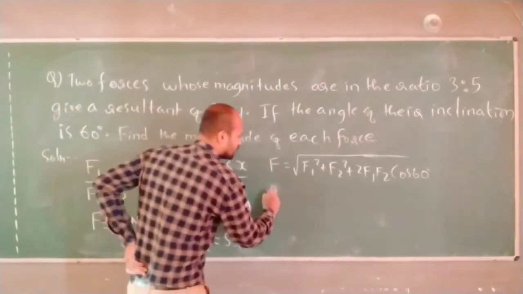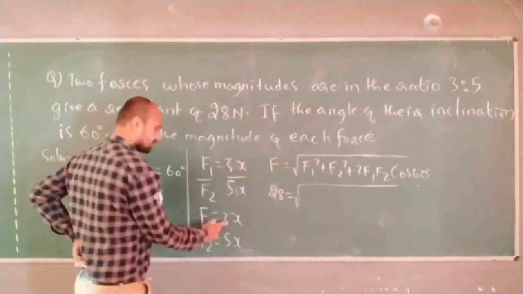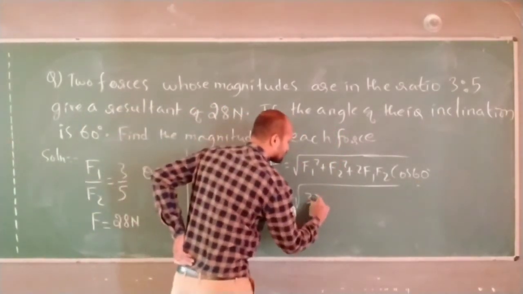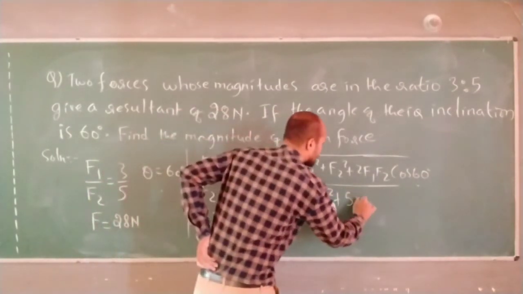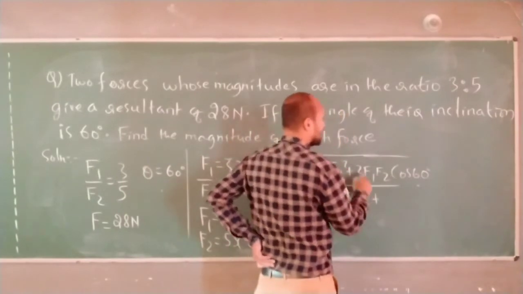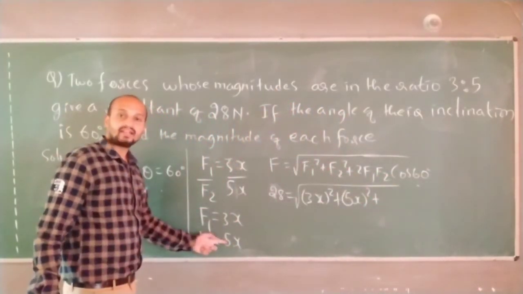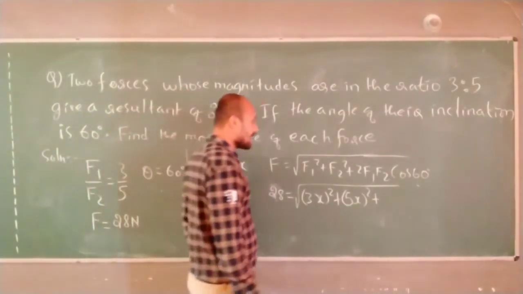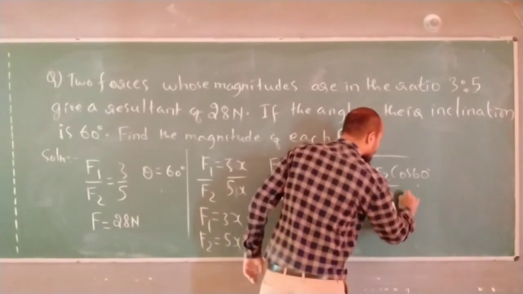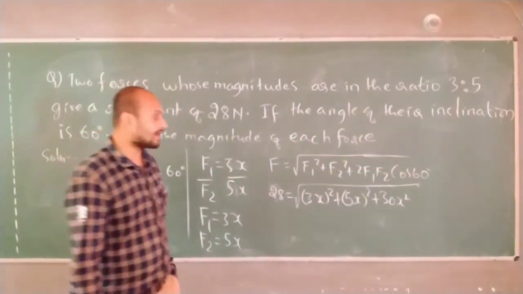So 28 is equal to root of 3x whole square plus 5x whole square plus 2 into 3 into 5, 30 x square, into cos 60. What is the value of cos 60? It is 1 by 2.